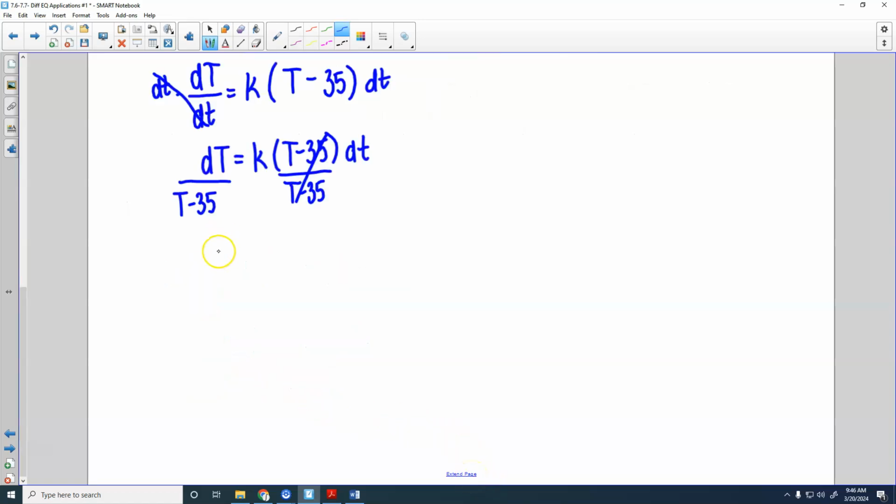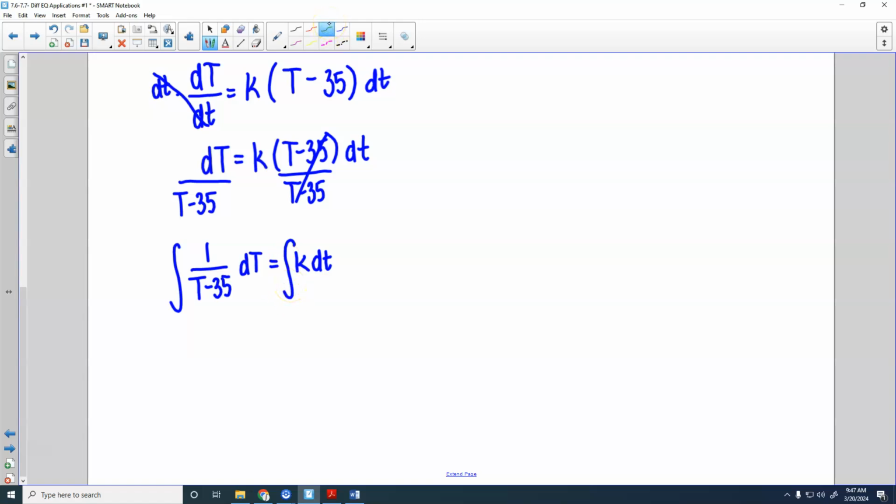And so we will get, I'm going to write it this way, 1 over (T minus 35) dT equals k dt. All right, now we need to integrate both sides.